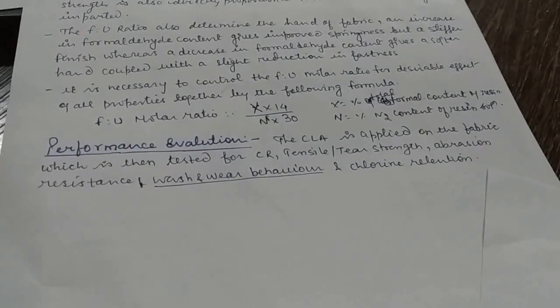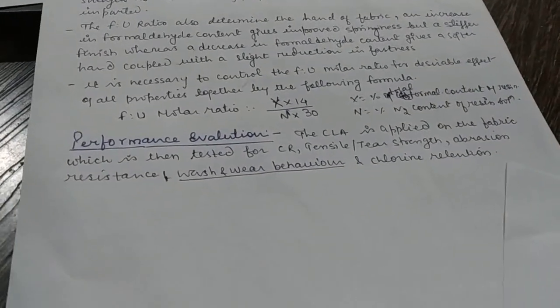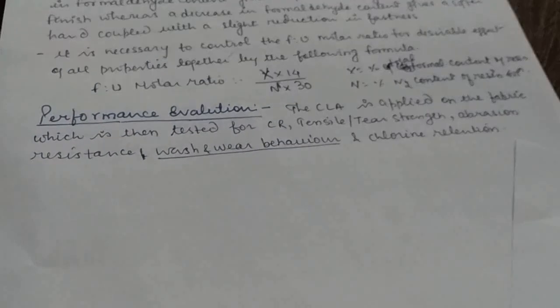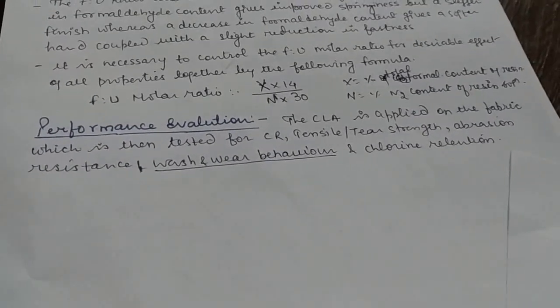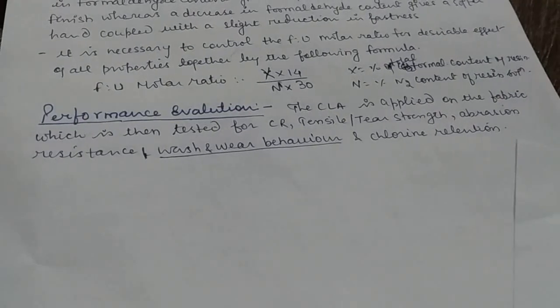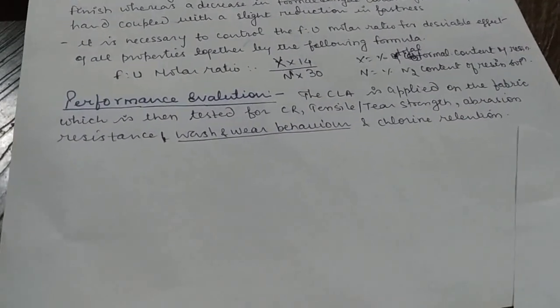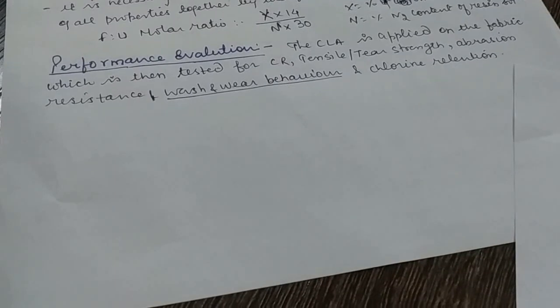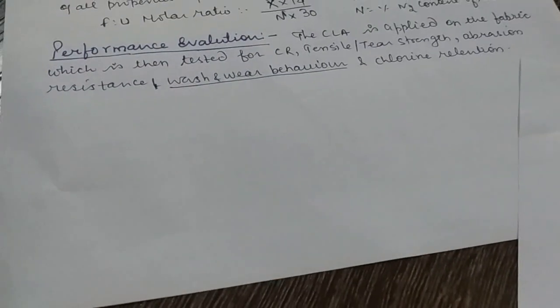So we have now discussed all the basic characteristics of any cross-linking agent, whether the chemical analysis part or identification, that is, the testing of a cross-linking agent before applying it on the fabric. Now we will discuss the performance of these cross-linking agents.